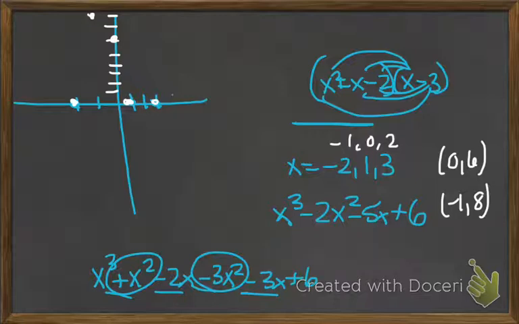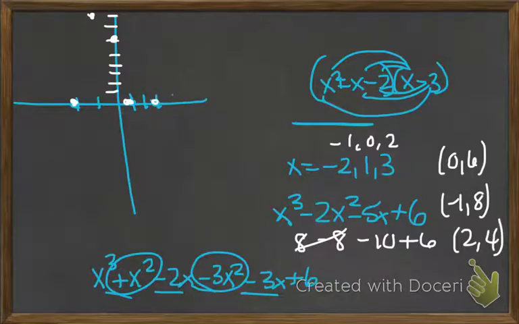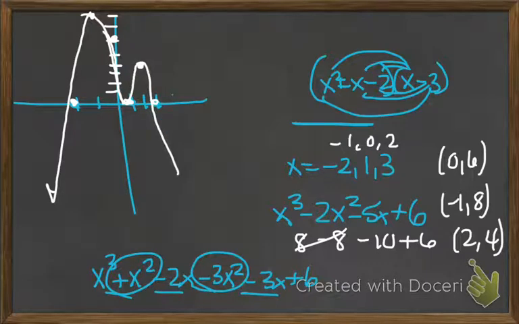Let me erase this one. 2 cubed, 2 times 2 is 4, times 2 is 8, minus 8, so that becomes 0, minus 10 plus 6, so 2, negative 4. Okay, and it's cubed, so it should change direction up to 3 times. It's going to do this thing: 1, 2, 3 directional changes. So there's our graph. Isn't it lovely?